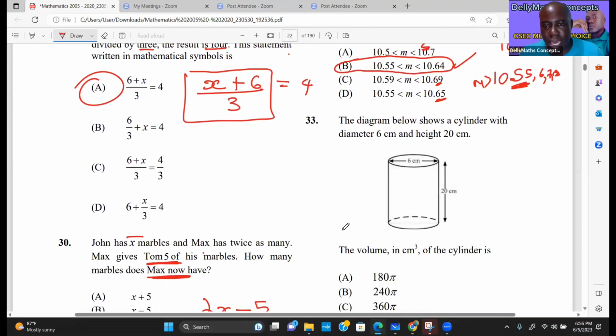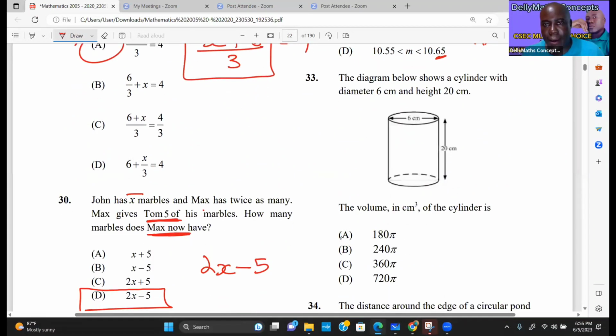All right, next question. We got the diameter, we got the height, they want the volume. Concept of volume of a cylinder: pi r squared h. We don't have r, so r is your diameter divided by 2. The diameter is 6, divided by 2 you get 3.